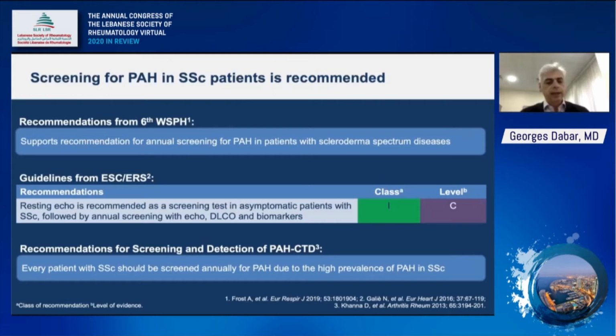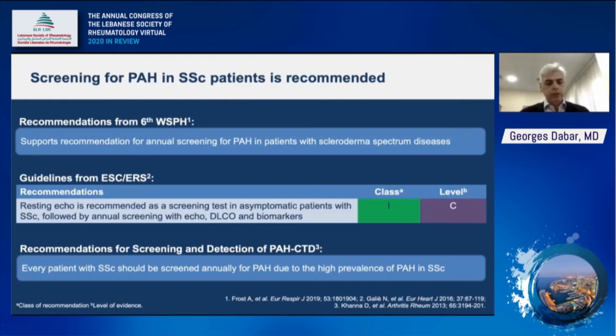And these are the guidelines from ESC and ERS, European Society of Cardiology and European Respiratory Society, where it's a class 1 with level C evidence, where resting echo is recommended as a screening test in the asymptomatic patient with scleroderma, followed by annual screening with echo, diffusion capacity and biomarkers. So it's a class 1 level C recommendation.